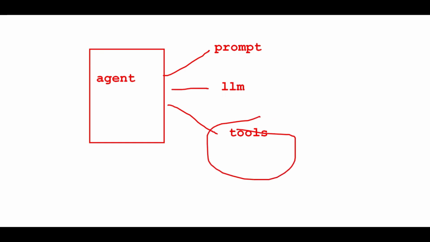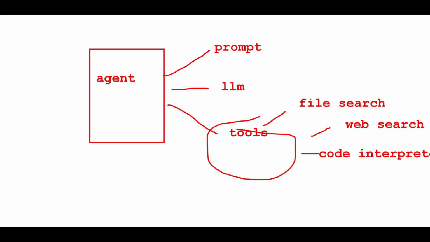Tools is interesting because OpenAI comes pre-built with file search, web search, and code interpreter. Code interpreter allows agents to run code in their own sandbox, which is very powerful to create documents, presentations, or any kind of files that can be created with code.